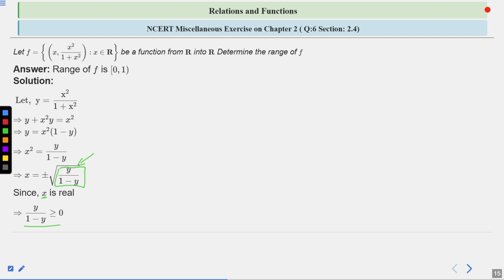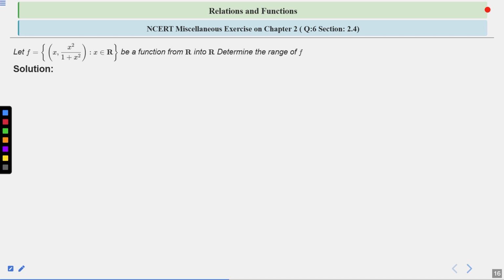Yes? So you established an inequality which is y divided by 1 minus y greater than equals to 0. Now, you have to solve for what values you can use for y in order to get your range set.